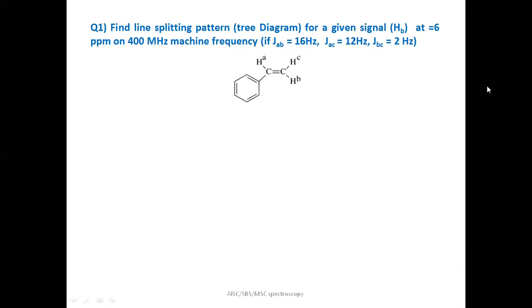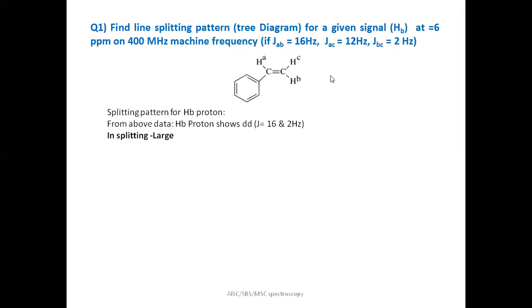Okay, so let's look at how this tree diagram will form. The splitting pattern for HB is asked. From above, the HB proton shows DD, so a doublet for 16 hertz and a doublet for 2 hertz, correct? Because J AB is 16 hertz and J BC is 2 hertz.